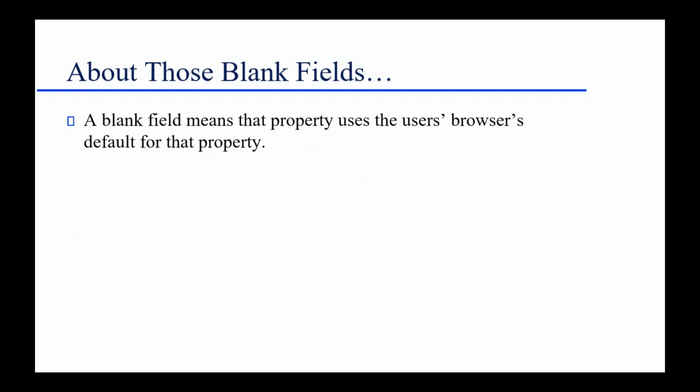If the field is blank, it means that that property is using your browser's default for that property. Browsers come with a basic set of default properties. I apologize, terrible sentence. But if the field is blank, that means it's using your browser's default.